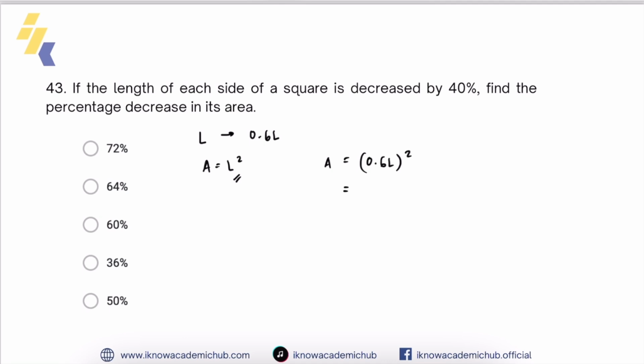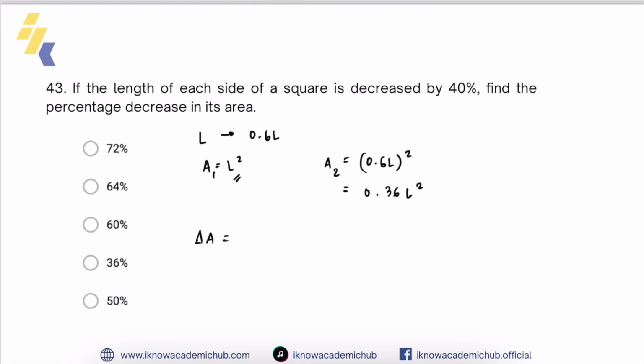So we have 0.36 L squared. And we are asked of the percentage decrease. So that is delta A. Let's denote this as A1 and this A2.